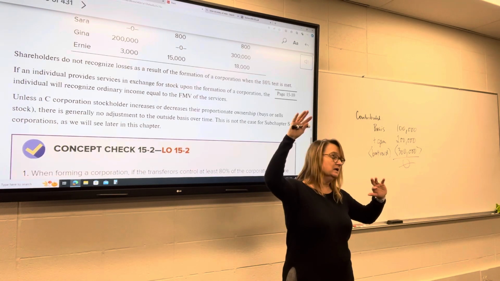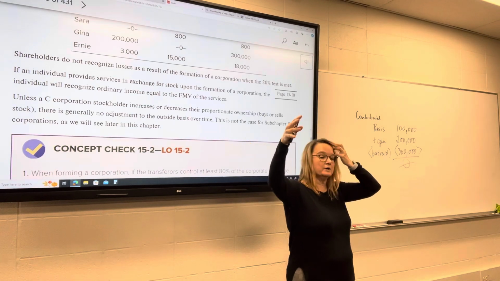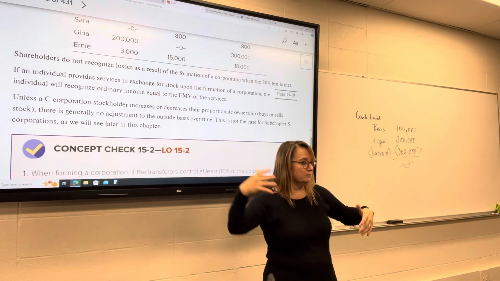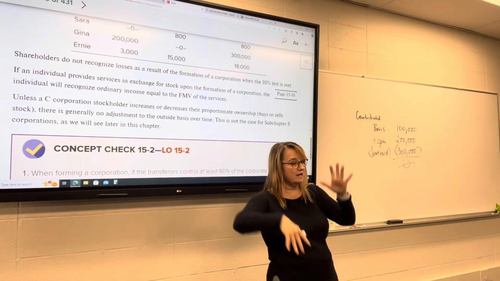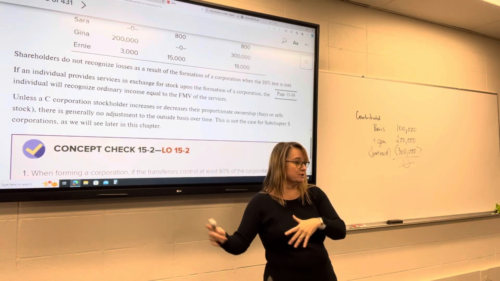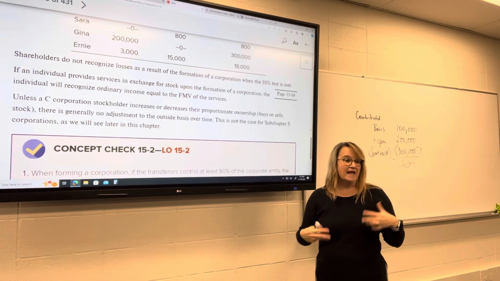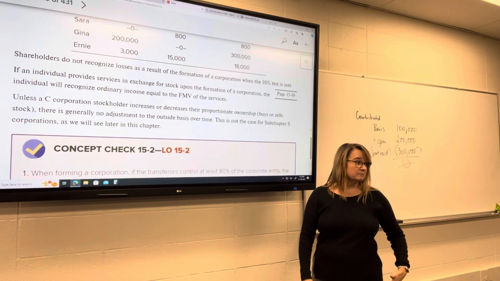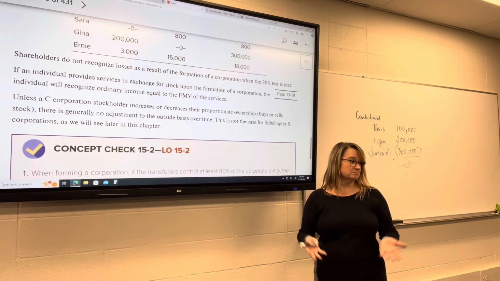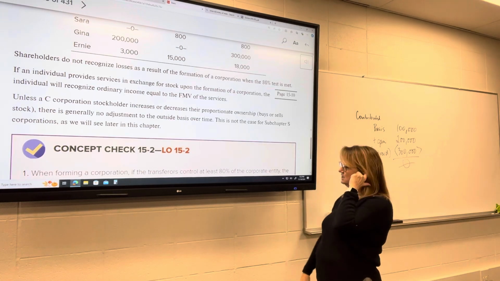If we had any income, it would be adjusted upward. If we received a distribution, it would be adjusted downward. And we've got this constant flow of the basis with partnerships. With corporations, we don't have that with the outside basis. If I buy more shares, then that's going to affect my basis. If I sell my shares, that's going to affect my basis, but that's pretty much it.